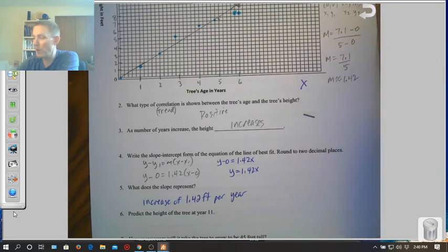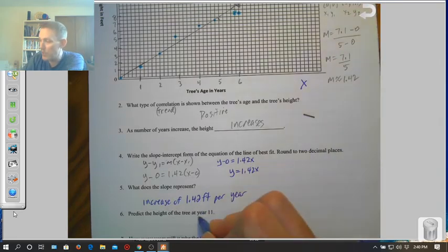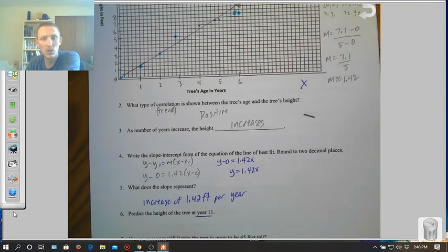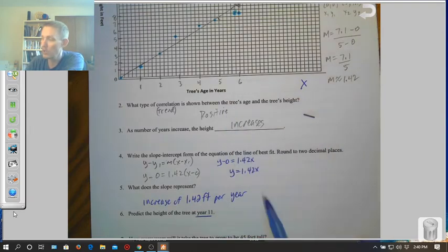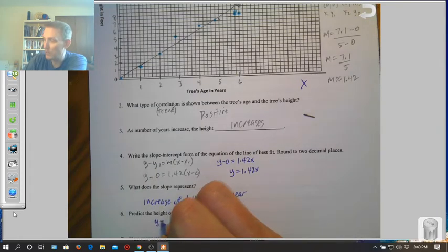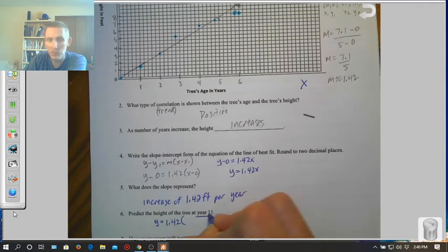So the first problem is predict the height of the tree at year 11. Well, year 11 is the clue for x, because that's years. So I'm going to come back to this equation right here, and I'm going to get y equals 1.42 times, I'm going to plug in my clue for 11.